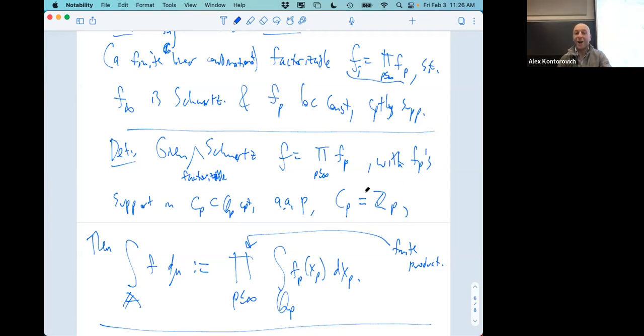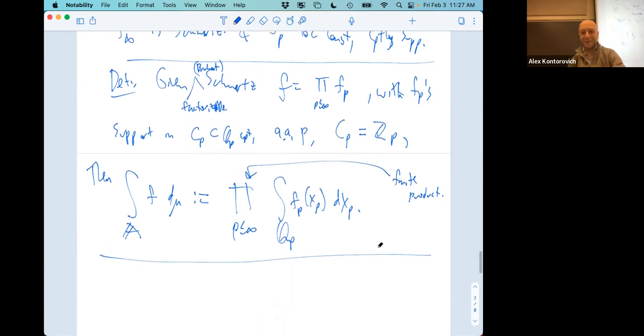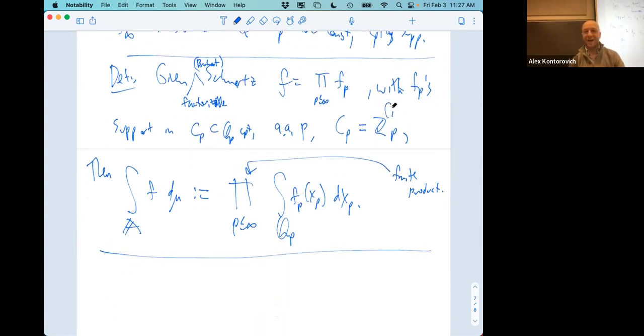It's contained in there, because the definition of factorizable is that you are identically one on Z_p eventually. If you want to call this Bruhat-Schwartz, I guess Bruhat was the one that worked out these kinds of things. Now, if your support is inside Z_p eventually, but you have to be one on Z_p eventually, you have no other choice but to be the indicator function of Z_p. So let's just make that explicit, i.e. f_p is the indicator function of Z_p for almost all p.